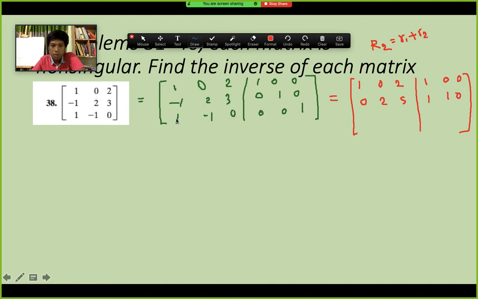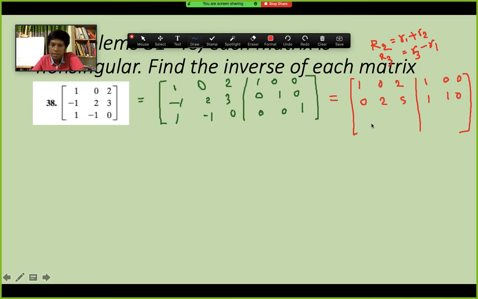Then for this one, let's do it with row 3 and row 1. Let's do R3 equals row 3 minus row 1 to get a 0. We are trying to get a 0 here and 0 here, and ultimately on our left side we will make our identity matrix.